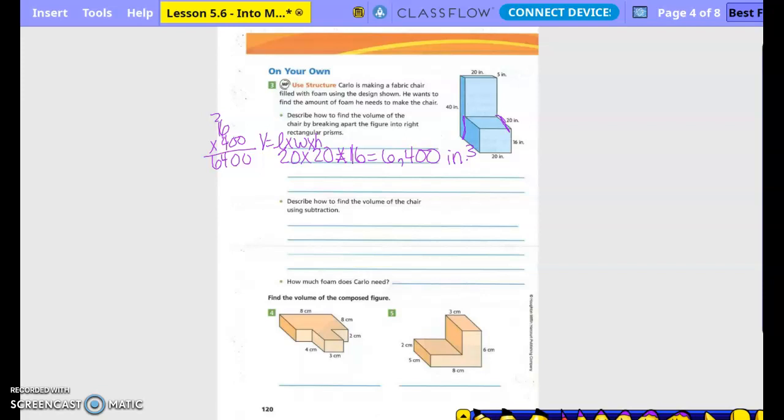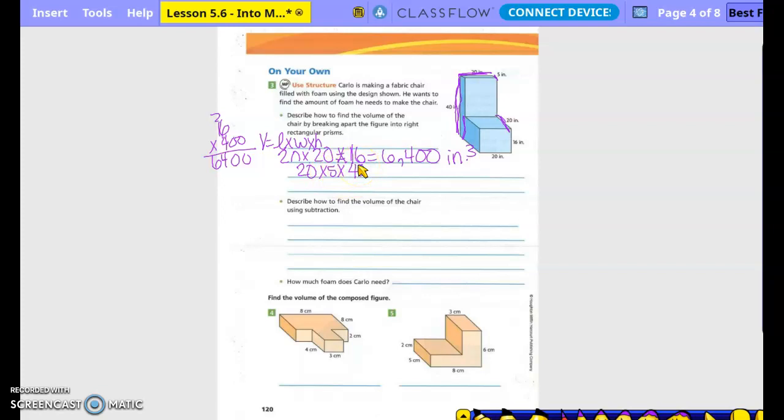So now we need to find the volume of the other rectangular prism, correct? Okay, so the length of this one is what? Actually, the length would have been 20, the width would have been 5, right? And the height would have been 40.